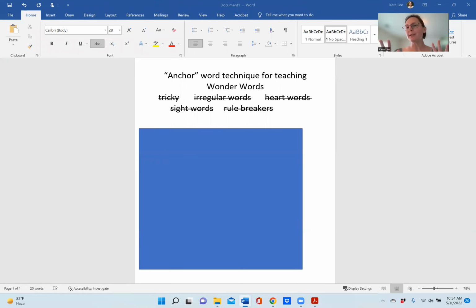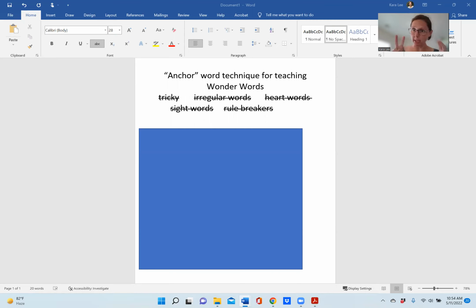There are many terms that we use to describe these words that, quite frankly, we just often say to kids, well, you just have to memorize those, which is very unsatisfying, number one. Number two, we're asking kids to do something that is difficult for them.